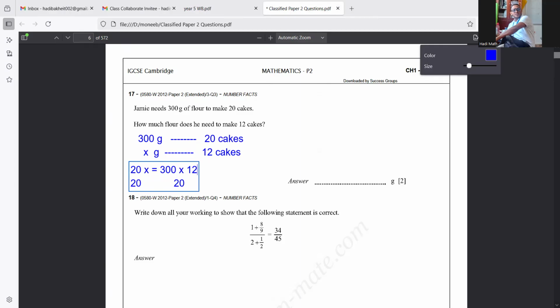And that will be equal to 180. So you need 180 grams.